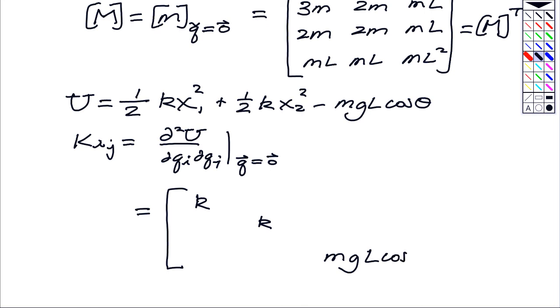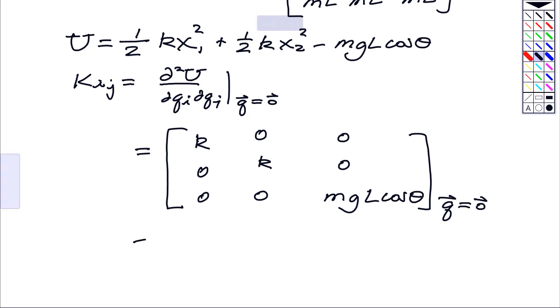We only get non-zero on-diagonal terms. And so therefore our stiffness matrix, once we do this evaluation, is a diagonal matrix of k, k, mgl.